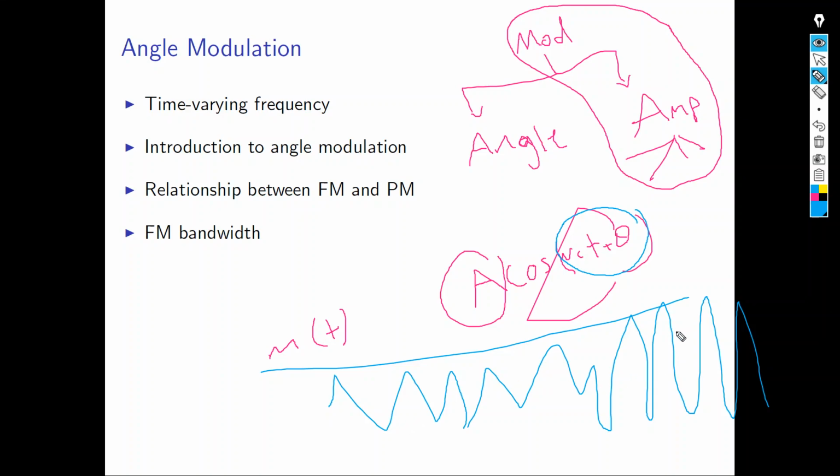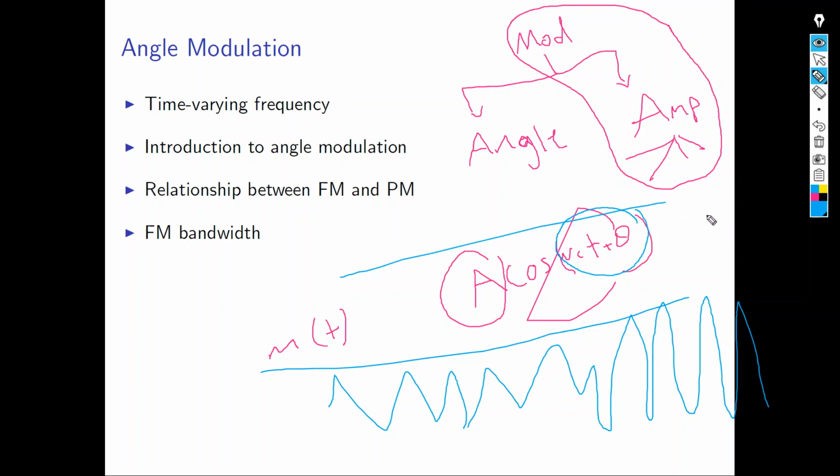So to avoid these problems, we sometimes prefer to have constant amplitude, constant envelope, which is super easy to deal with using the power amplifier, and we just embed our information into the frequency or phase of the carrier, which is a very nice thing.